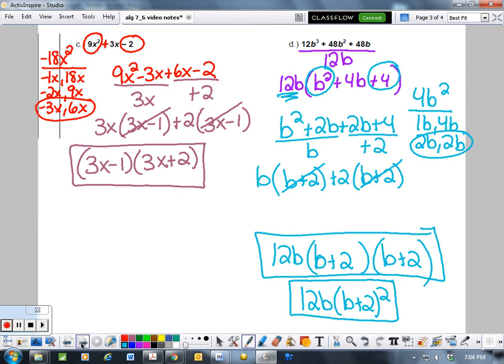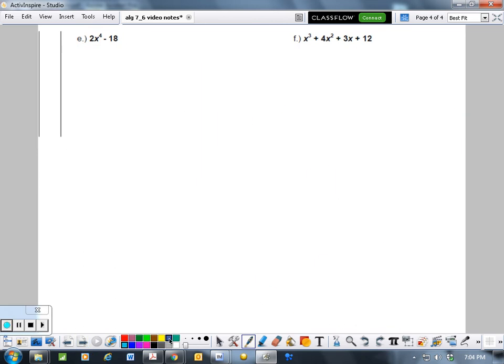Okay, we only have 2 more problems left. 2x to the 4th minus 18. So let's see, they both have a 2, so let's factor out 2. So we'll have 2 times x to the 4th minus 9. And now it looks like it's a difference of squares pattern, so let's figure out our parts. This is really x squared times x squared.